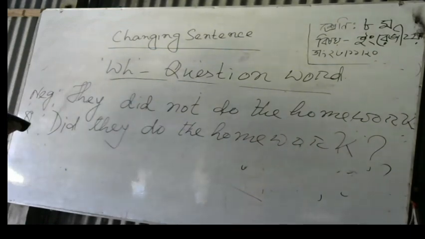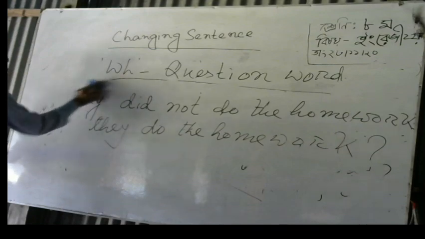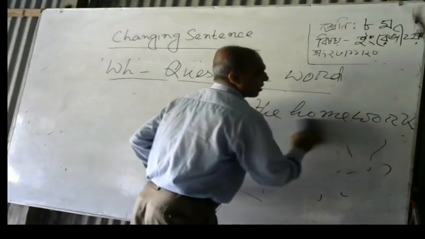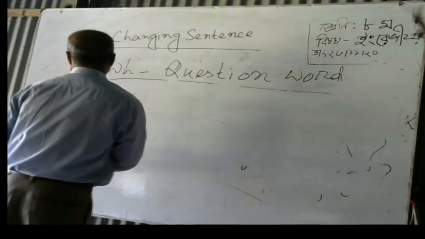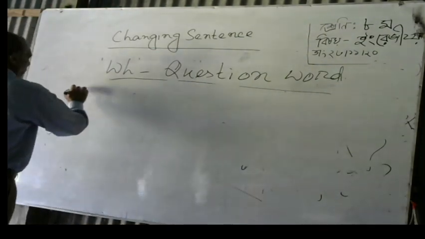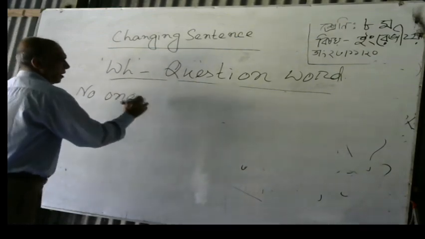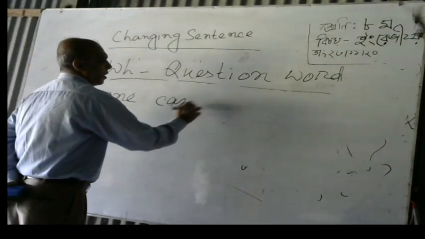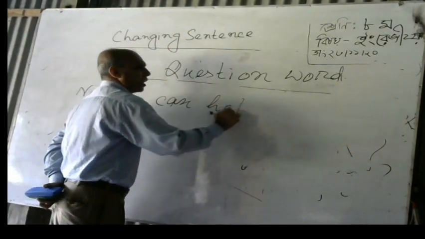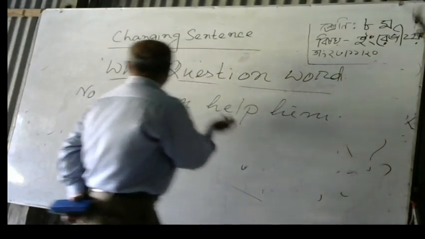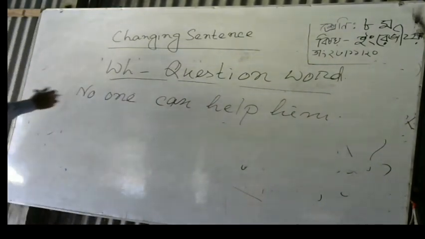Okay, now I'm going to show you another pattern of sentence so you can know how to make a question like this. Suppose no one can help him. Suppose this is a sentence. This is obviously negative.